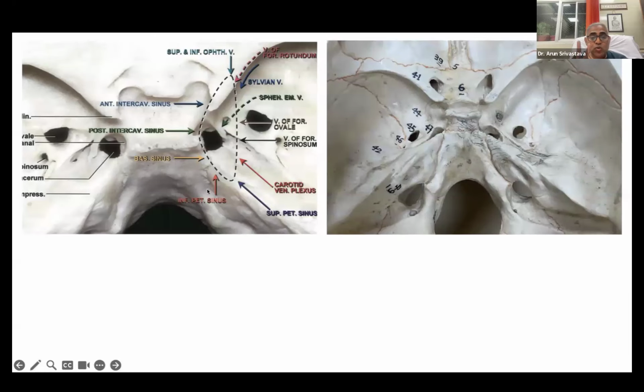So now these two important venous sinuses are coming in our way when we are performing anterior petrosectomy. Just summarizing here: three margins, three surfaces, one apex, one base, and near the base it is harboring important structures related to your seventh and eighth cranial nerves.